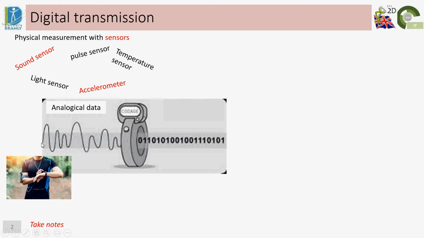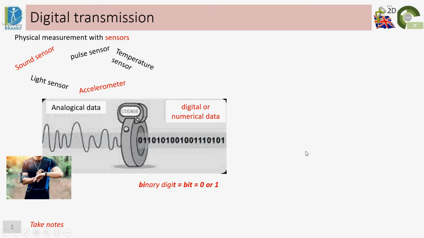Okay, so analogical data is everything that is around you that you can feel, that you can see. And then these analogical data are transferred into electrical signal through a code device that will transform the analogical data into digital or numerical data with 0 and 1.